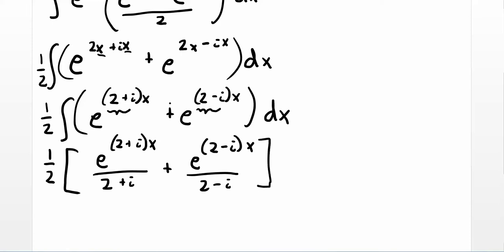Okay, so this little step kind of ruins it, because we don't have just a single number on the bottom, we have two numbers. So it's very difficult to go back to trig functions at this point.